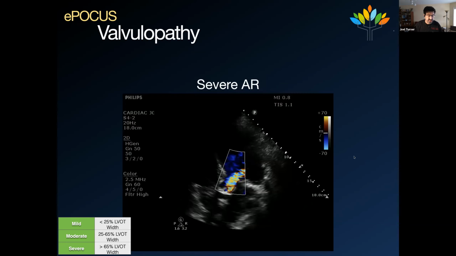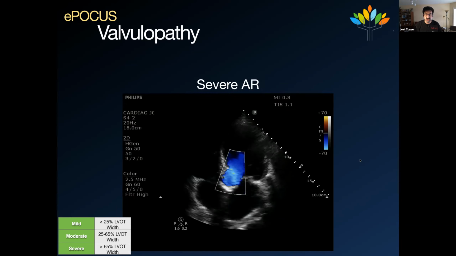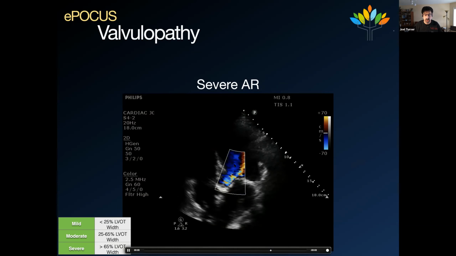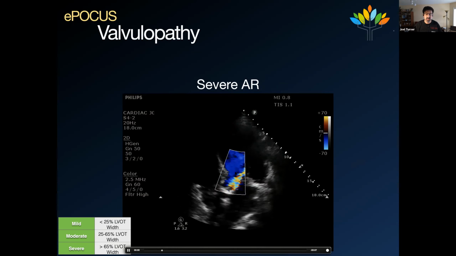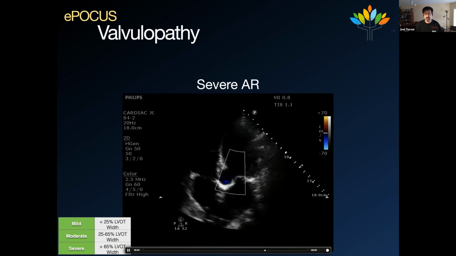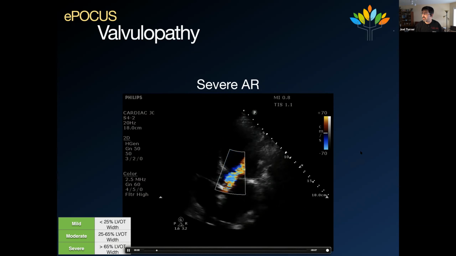And then finally, here's an example of another severe aortic regurg. This is an apical 5-chamber view. So left atrium, left ventricle, right ventricle. Here's your aortic valve and your aortic outflow tract right here. And again, you can almost eyeball it to see that there's a large regurgitant jet coming out of the LVOT during diastole. Again, find out whether this is important or not.